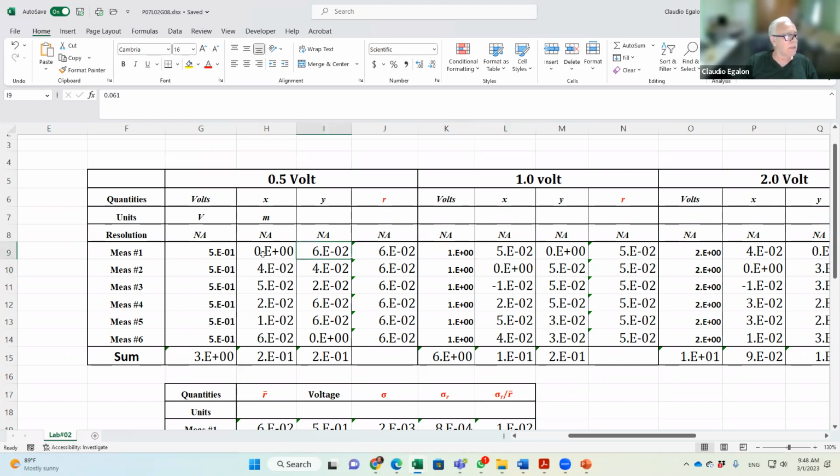Here is 6 centimeters. Apparently this student inverted the x and y axis. Okay, 0. Here, oh yeah, here you go. 6 centimeters here. Yeah, apparently they inverted the x and y axis.